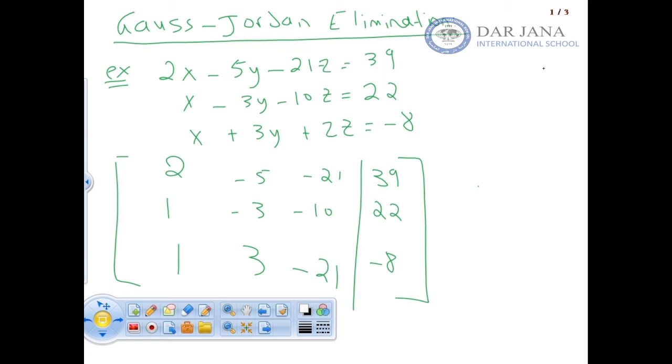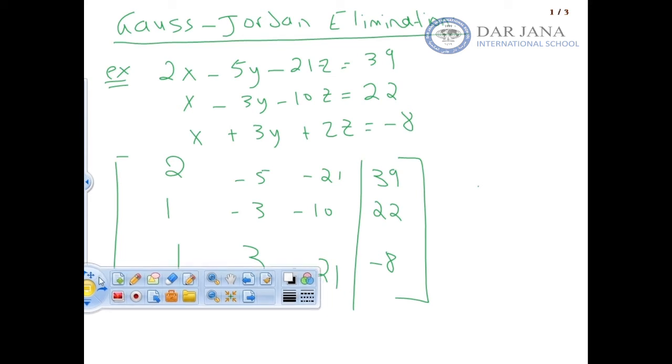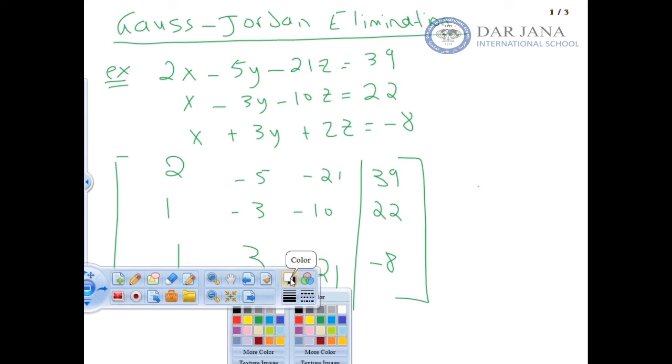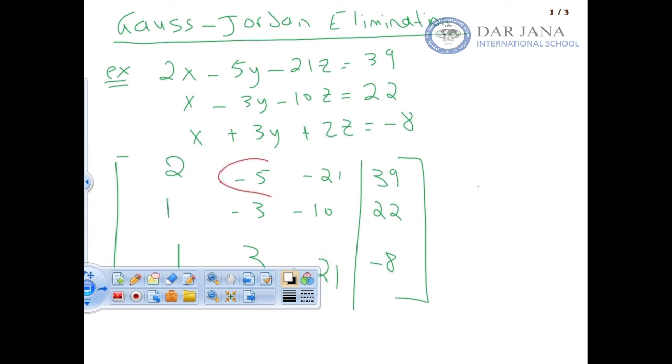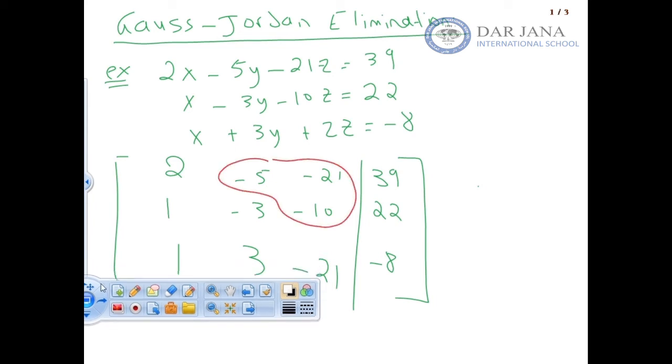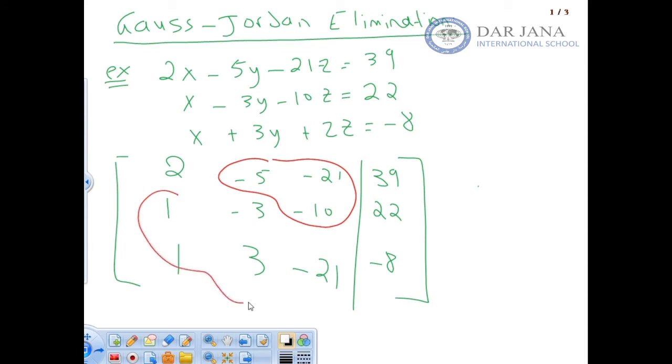But instead of converting the augmented matrix to row echelon form, I'm going to convert it to reduced row echelon form. What do I mean by that? It's simple. We need to convert these three numbers to zeros, these three numbers to zeros, and the numbers on the diagonal of the augmented matrix we're going to convert to 1.